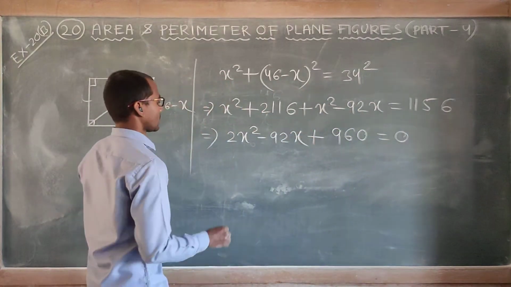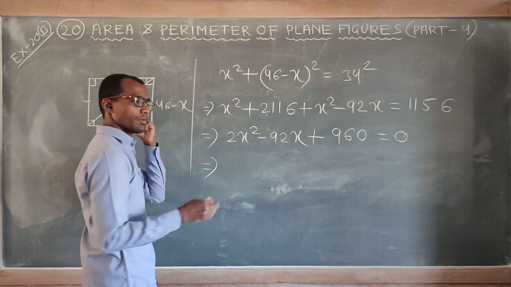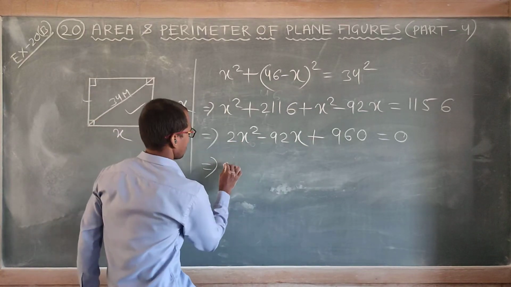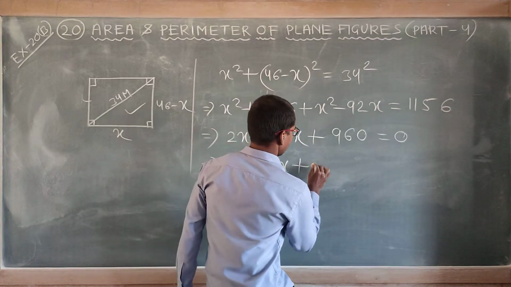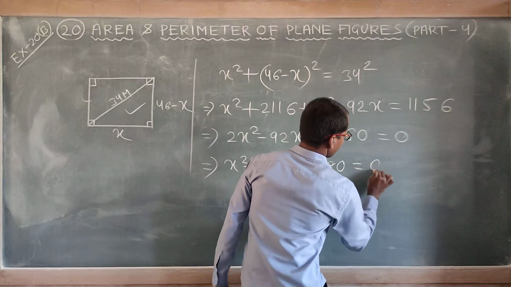So this is a quadratic equation. Further it can be simplified because 2 can be taken out. So x square minus 46x plus 480 is 0.